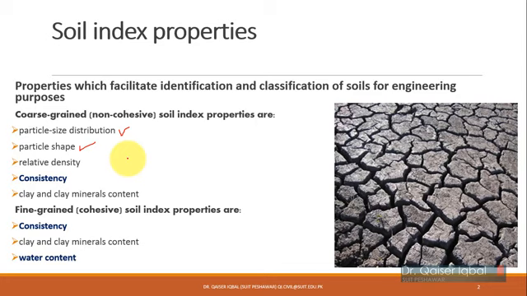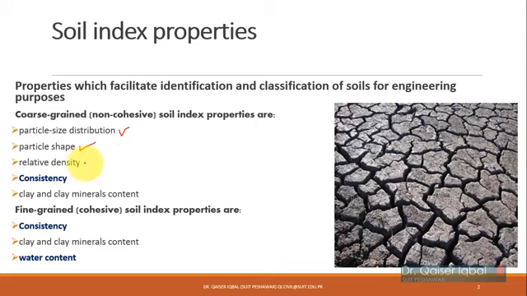While if you get aggregate from a riverbed, you will see that the aggregate is more round in shape, and you can call it a round aggregate. So based on the particle shape as well, you can differentiate between one soil and another soil. That's why particle shape is also a very important index property.